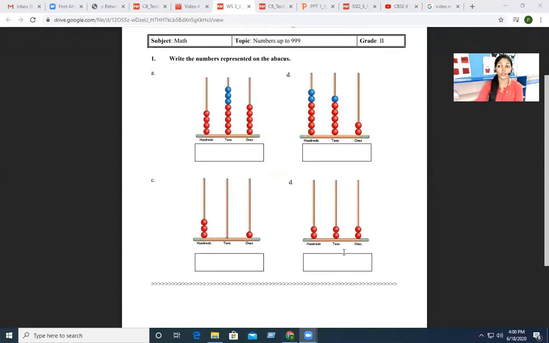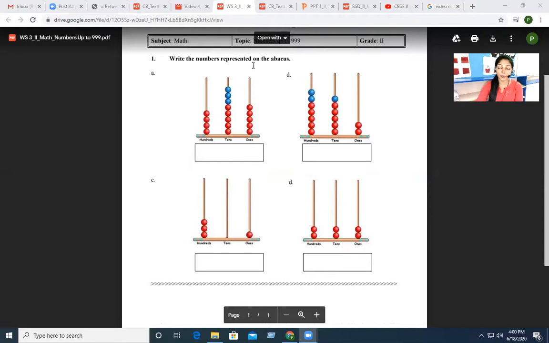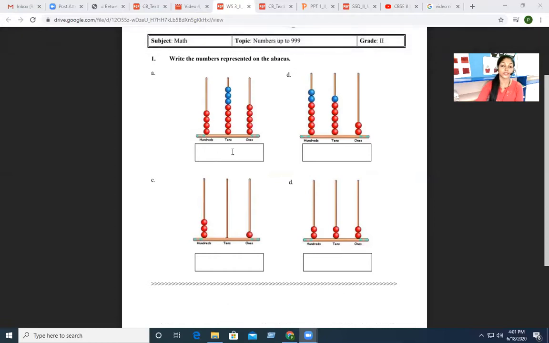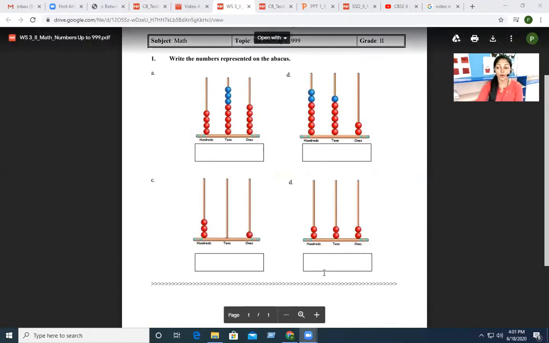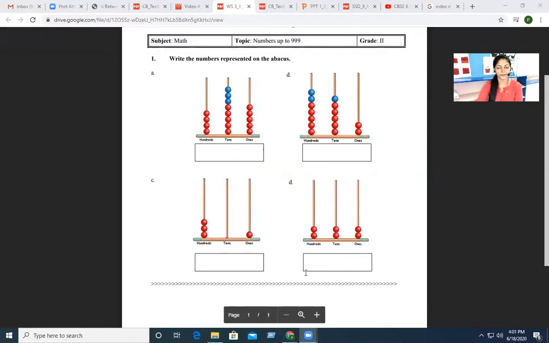Okay, what you have to do here, write the numbers represented on the abacus. Okay, so you have to read the numbers. Read the hundreds place, tens place, ones place, and write the number in the box given. Okay, this one you have to complete. Is it clear? Yes? Okay.